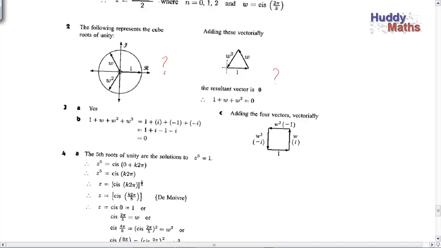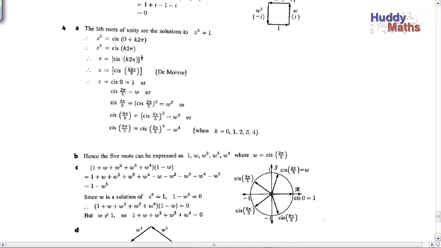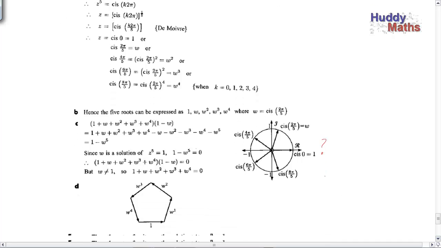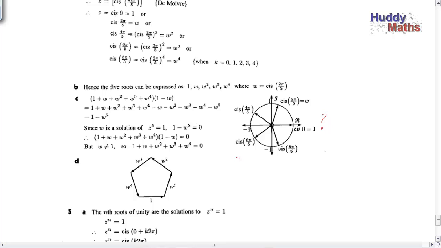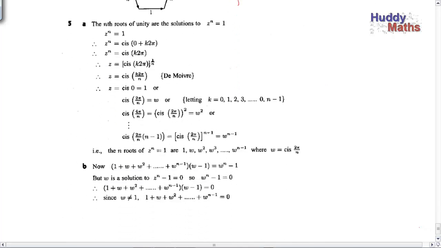Can you show the sum around a closed figure? Okay, and let's go down to question 4. I'll try and get all of question 4 on there. Oops. Well, A, B and C. Are these equally spaced and why? Okay. Vector addition here to show that it's 0. Okay. And question 5, A and B.